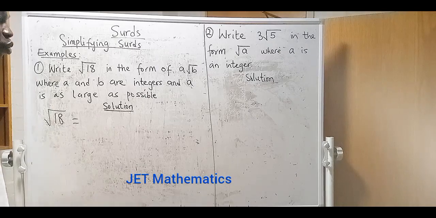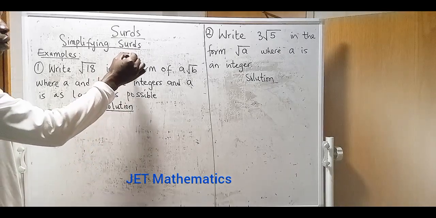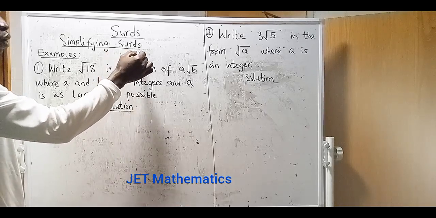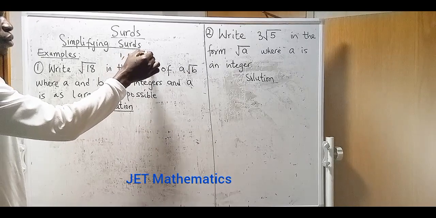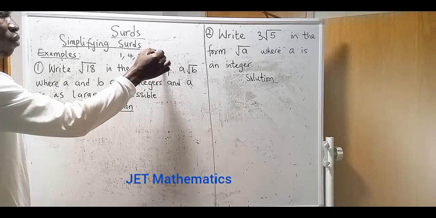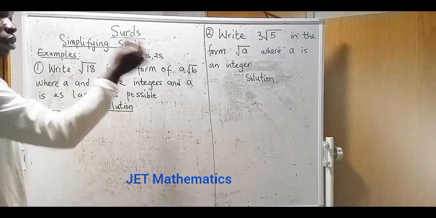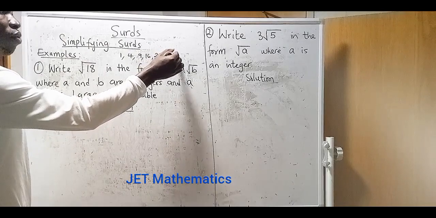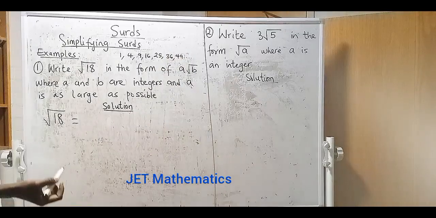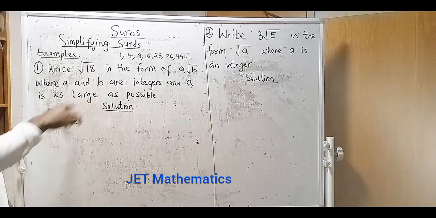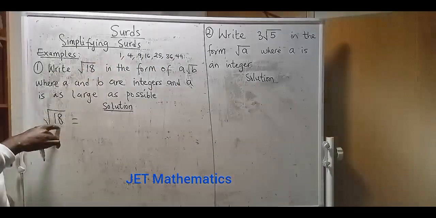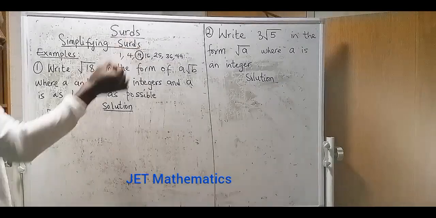We know perfect squares. We have 4, it's a perfect square. We have 1, it's a perfect square. We have 9, we have 16, we have 25, we have 36, 49, and so on. So the largest perfect square so far from what we have there that is a factor of 18 is 9.